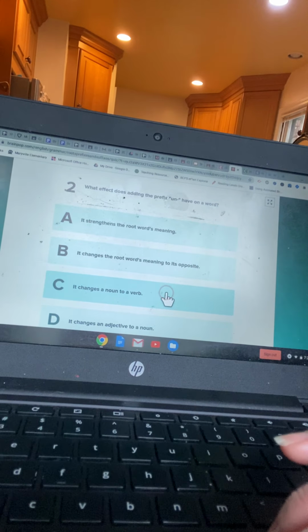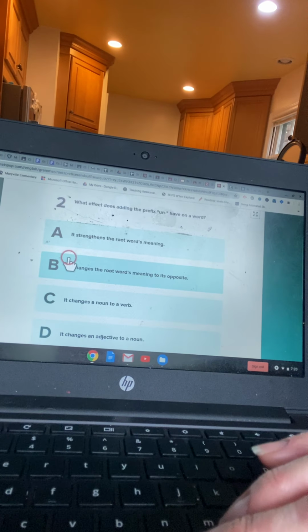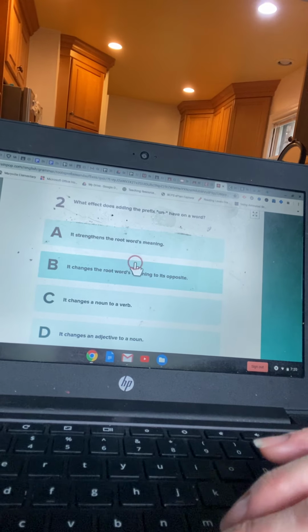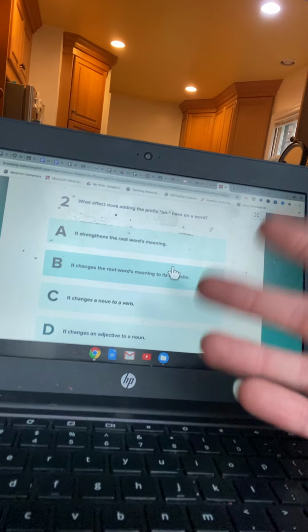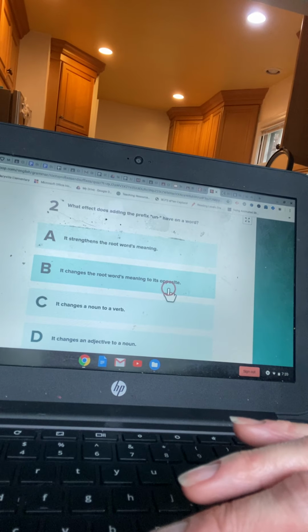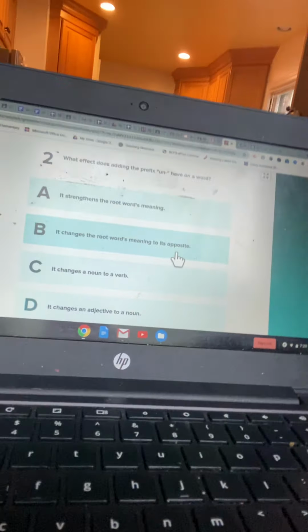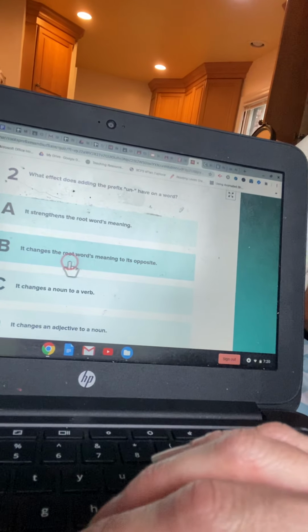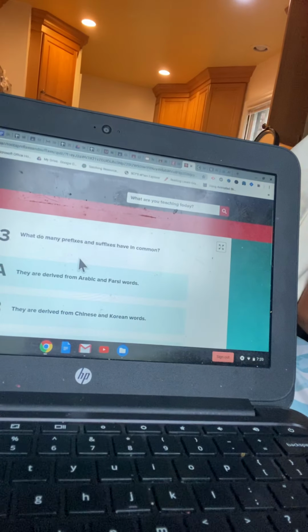Does it change a noun to a verb? Or does it change an adjective to a noun? Well, unknown, known is to know something. Unknown is to not know something. Unbelievable, believable is to believe something. Unbelievable is to not believe something. So it should have been B. It changes the root word's meaning to the opposite.